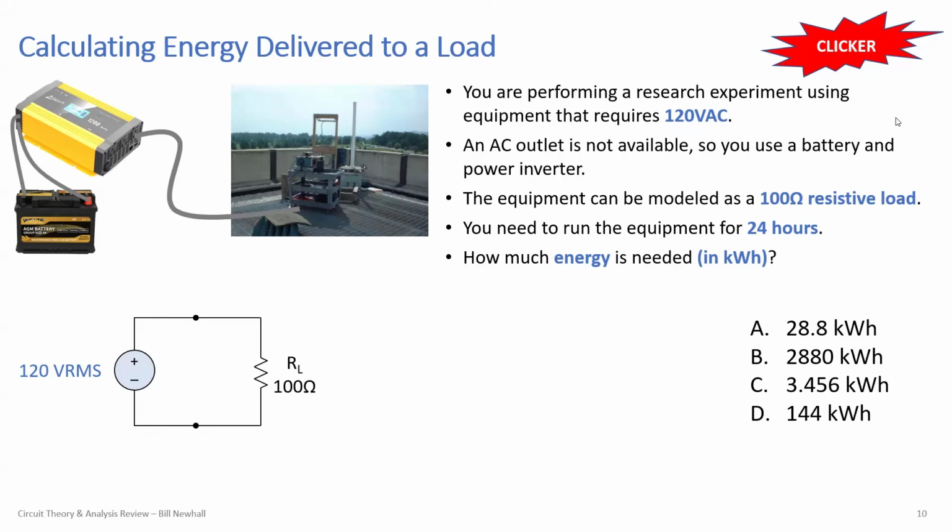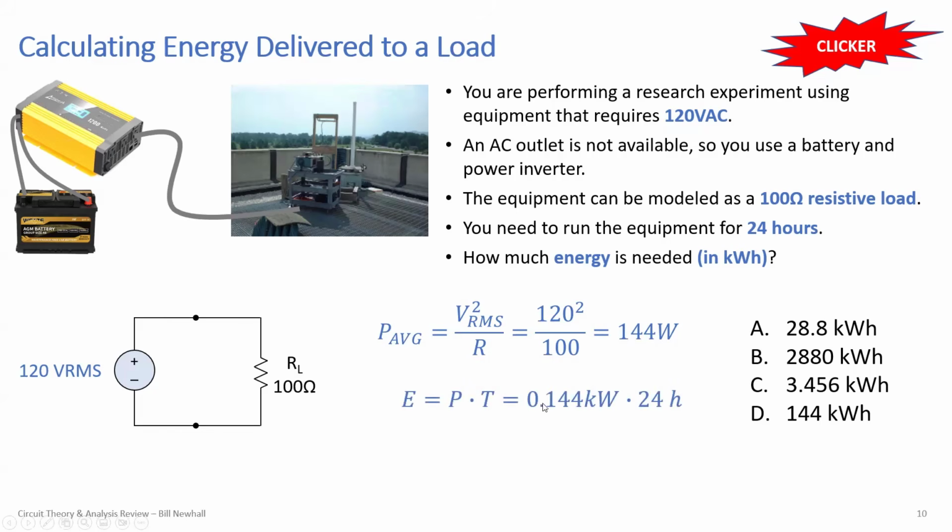All right, so let's take a look at this. Okay, so average power is RMS voltage squared over R, 120 squared over 100, that's 144 kilowatts. Doesn't look right. Oh, no, that's right. Watts. So that's 0.144 kilowatts times 24 hours.